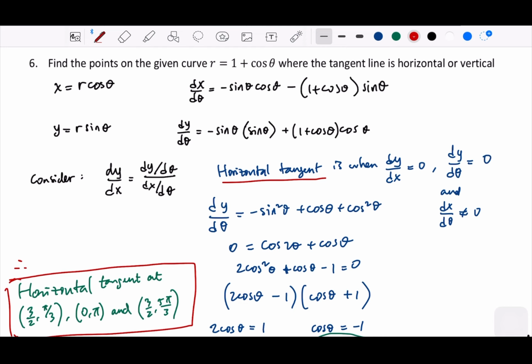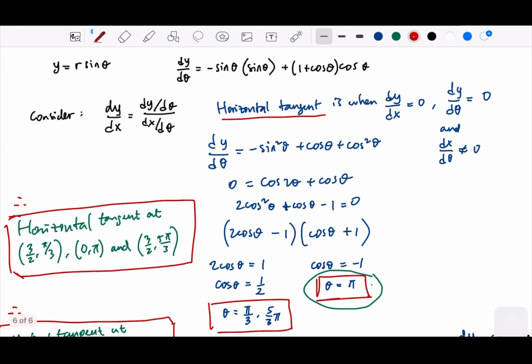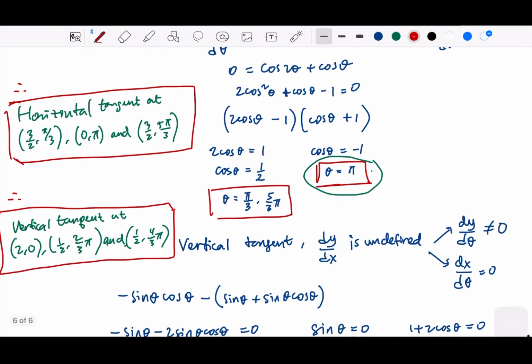We got some formulation here, and then finally find the theta when we set it equal to 0 for the horizontal. And then we have some theta, and this is not yet the theta for horizontal. We need to check again later. So we got all the potential theta. And do the same thing with the vertical.